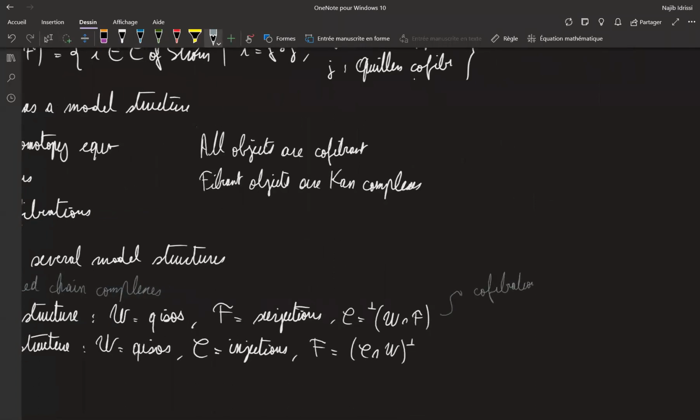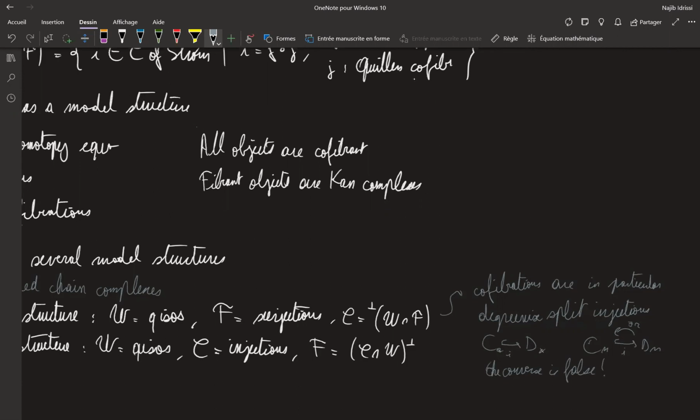So for example, in this case, cofibrations are in particular degree-wise split injections. So by this, I mean that it's a map of chain complexes which is an injection, and such that for each degree, this injection is split, right? There exists a retract. But the converse is false.